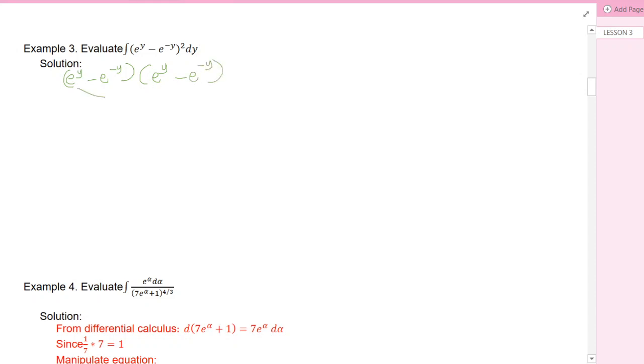Okay, multiplying this to here, it will give us e raised to 2y, and this one to this, that will give us negative e raised to y multiplied by e raised to negative y. Okay, so for this one, negative multiplied by here, that will become e raised to negative y. It's the same, no, with this one, that is e raised to y, plus this one to this, that is positive e raised to negative 2y.